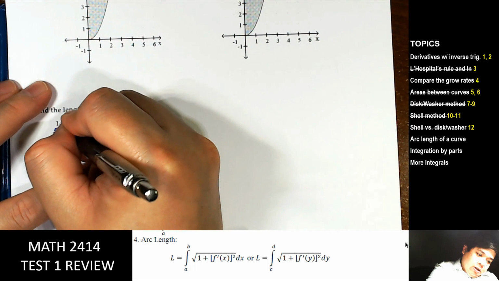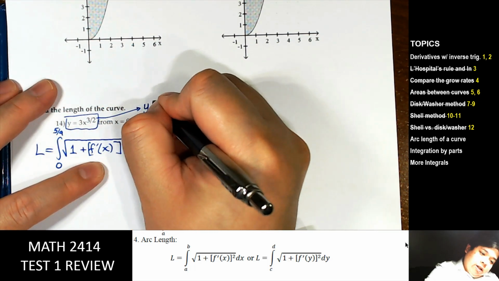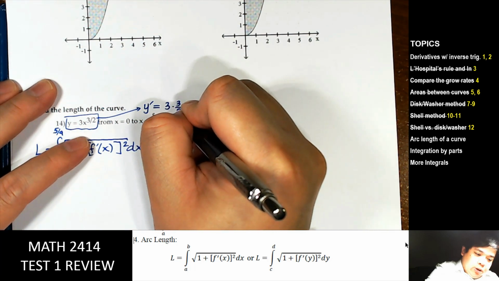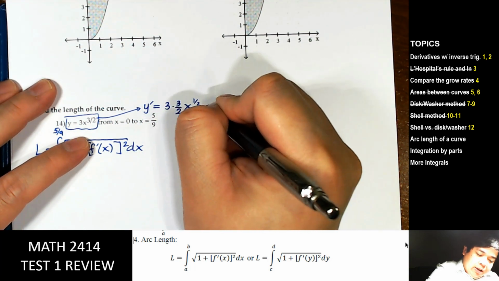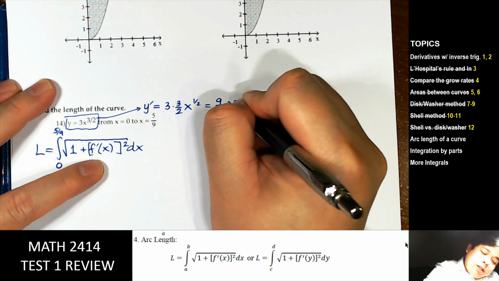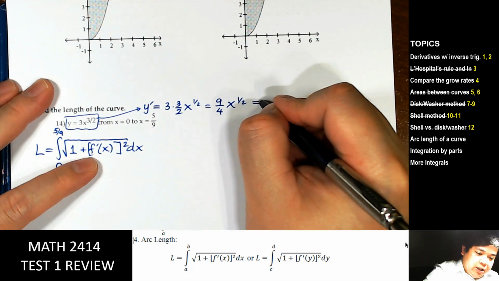This is the function. The derivative is equal to 3 times 3 over 2 x to the 1/2, which is 9 over 2 x to the 1/2, and we need the derivative squared.